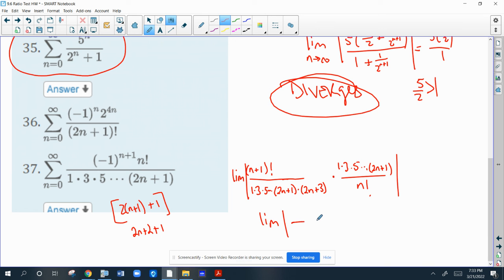Everything cancels except the 2n plus 1, 2n plus 3 on the bottom. For these factorials, everything cancels to the n factorial, so you're left with the n plus 1, the remaining term up there. This limit is equal to 1/2, which is less than 1, so this converges absolutely.